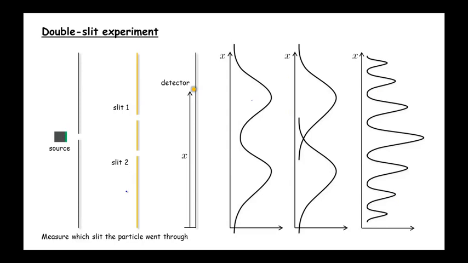So nature perfectly hides her tracks. If you try to measure which slit the electron went through, then the interference pattern disappears. If you try to detect only a little bit, then the interference pattern disappears a little bit, exactly when you actually do the detection.